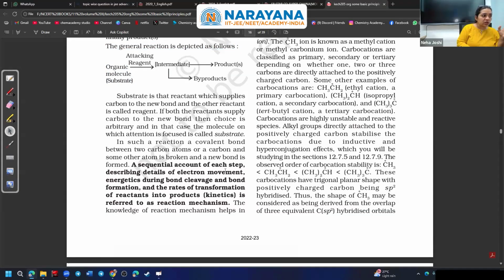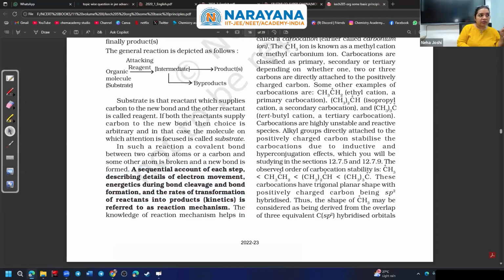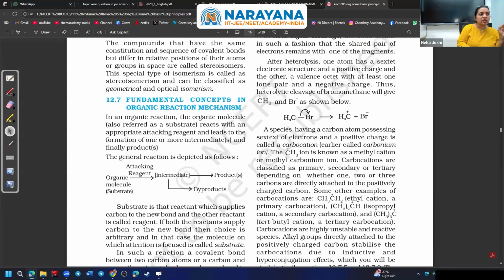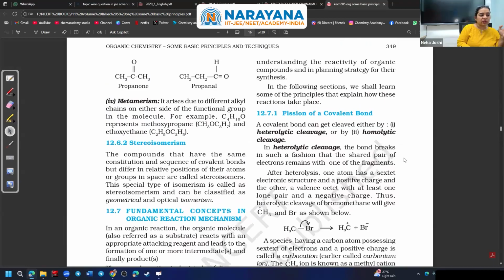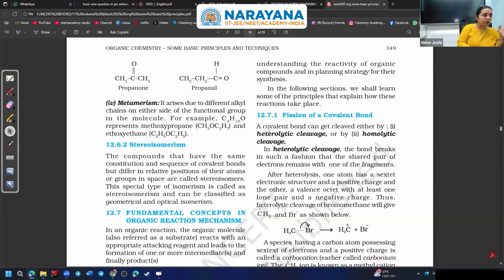A sequential account of each step, describing in detail the electron movement, the energetics during bond cleavage and bond formation, and the rate of transformation of reaction into products, is referred to as a reaction mechanism. The order of stability and everything is in the NCERT. Read it as many times as possible before your Advanced, or better before your Mains, ideally at least 3 times, all 4 volumes: physical, inorganic, organic.